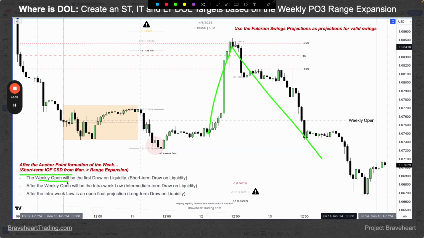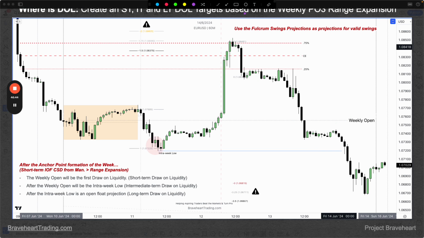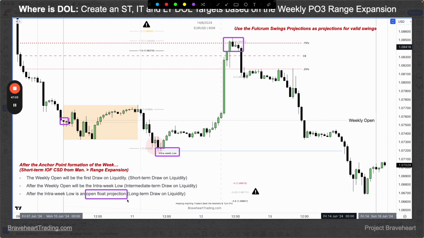And the first draw on liquidity is the weekly open. So this is the change of state delivery now. Right here. So the first draw on liquidity is a short-term draw on liquidity. It's the actual open. Then the intermediate-term draw on liquidity is the intra-week low. And then after intra-week low is an open float projection, which is what we have here.